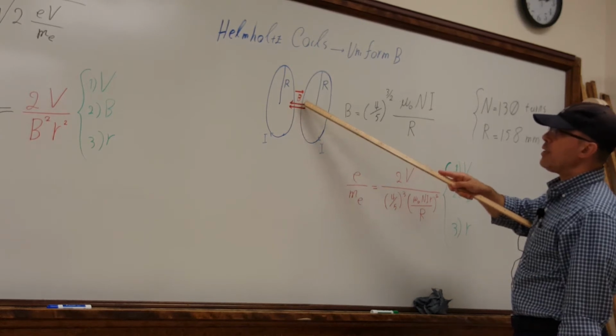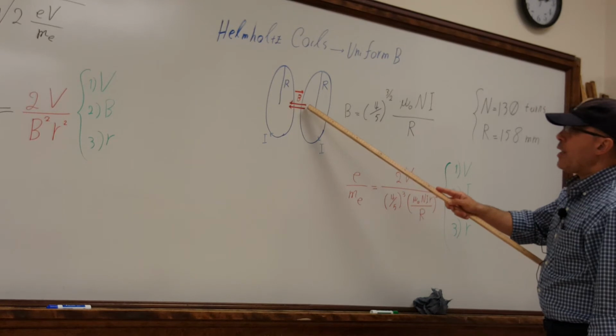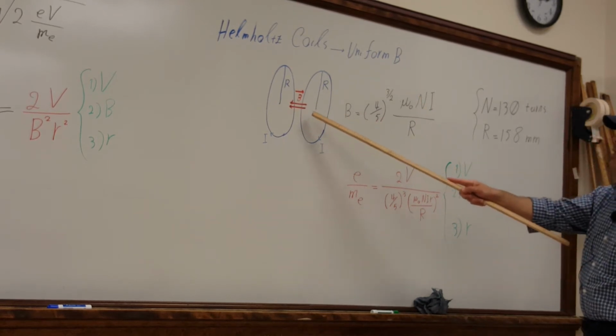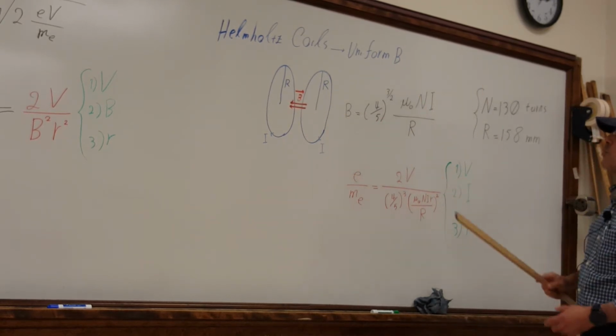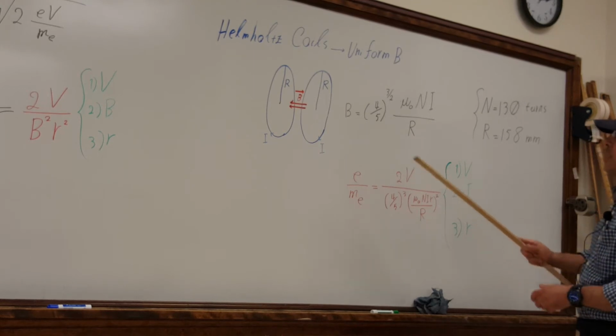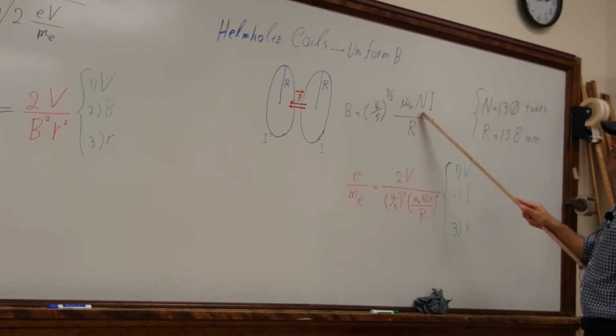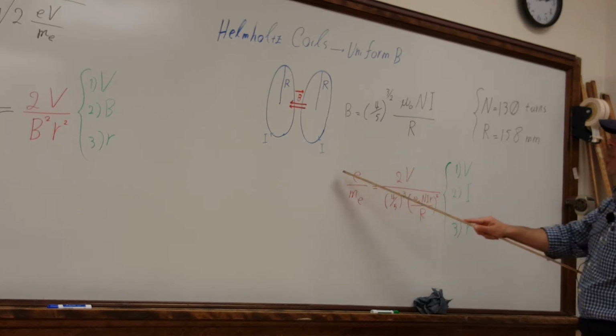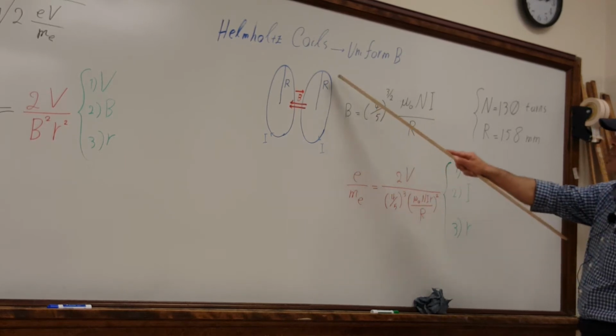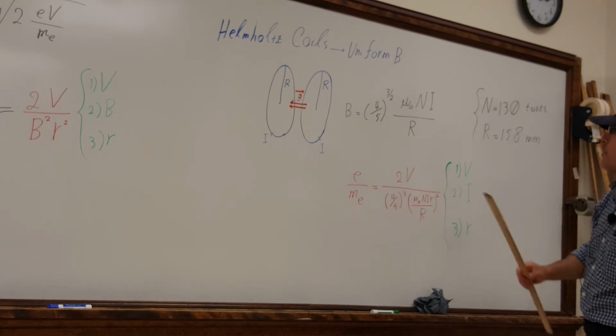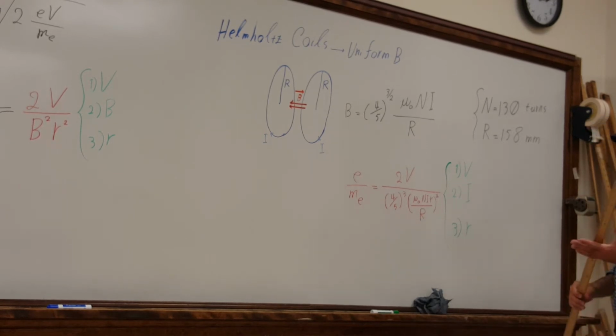This magnetic field, I'm not going to derive it, I've just mentioned it here, is equal to this expression. Look at this. N is the number of turns, I is the current, and capital R is the radius of these two coils. In our experimental setup, the number of turns is fixed at 130, and the radius is 158 millimeters.